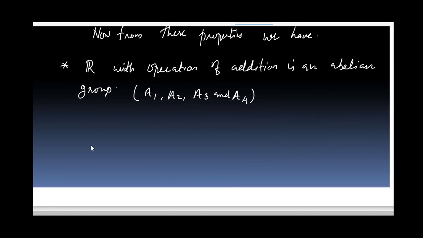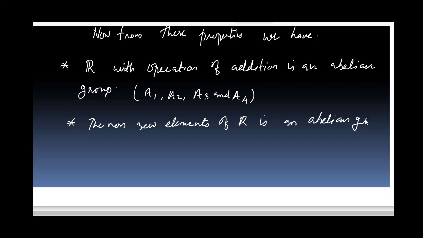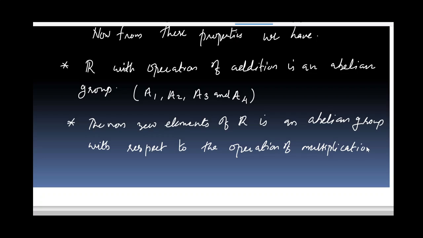So second thing, the non-zero elements of R form an abelian group with respect to the operation of multiplication.